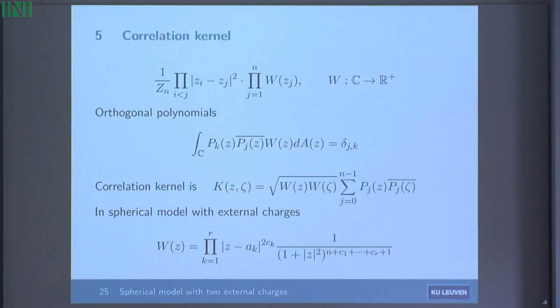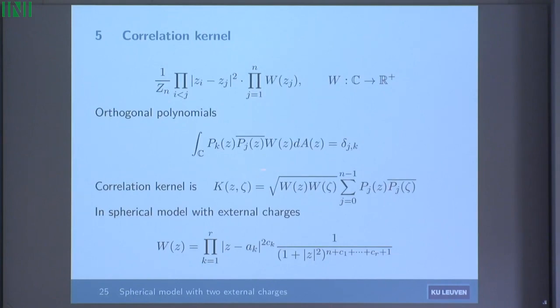So pk is the degree k orthogonal polynomial. And then this correlation kernel is built out of the orthogonal polynomials up to degree n minus 1 in this way, like a Christoffel-Darboux formula, but with a complex conjugate here, and then a square root of a product of this weight function at two variables.